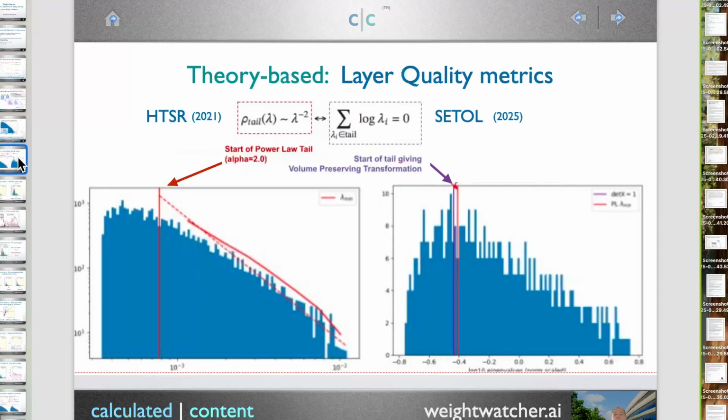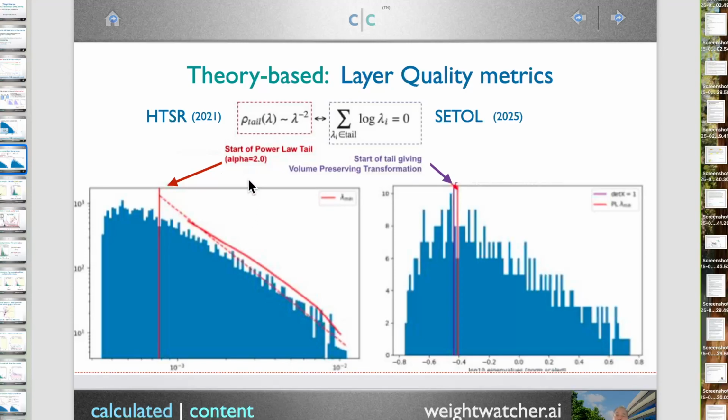One of the important things that you can show theoretically is that when you're in the ideal state, if you plot this histogram, where rho tail is the density of the tail of the eigenvalue distribution, you can fit it to a power law exponent, meaning rho tail of lambda fits as lambda to the minus 2, and 2 is the perfect, ideal state.